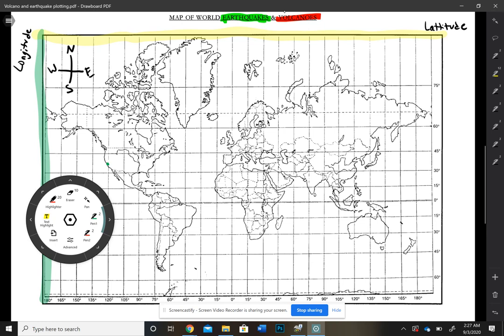Okay, so east is over here. South is over here. So we're in this general area, and we want 110 east. It's like right there.